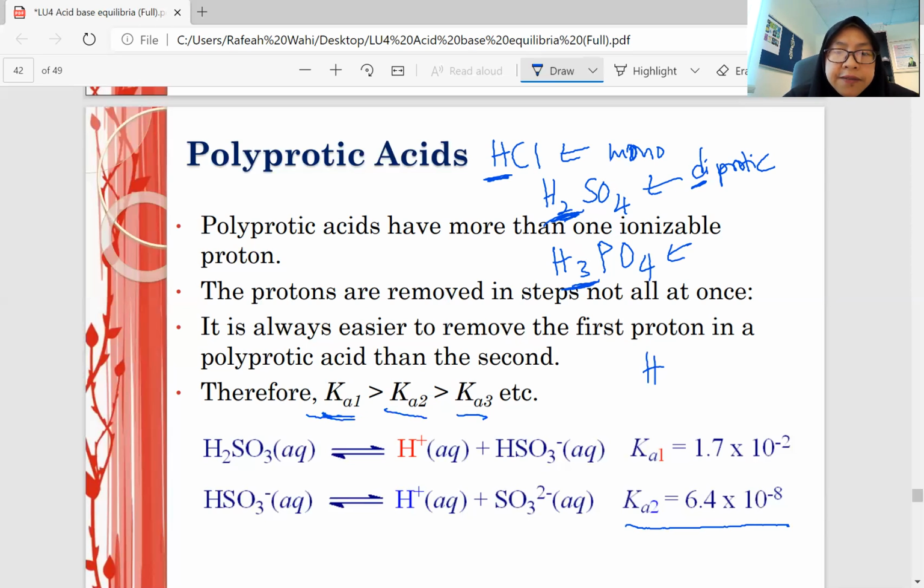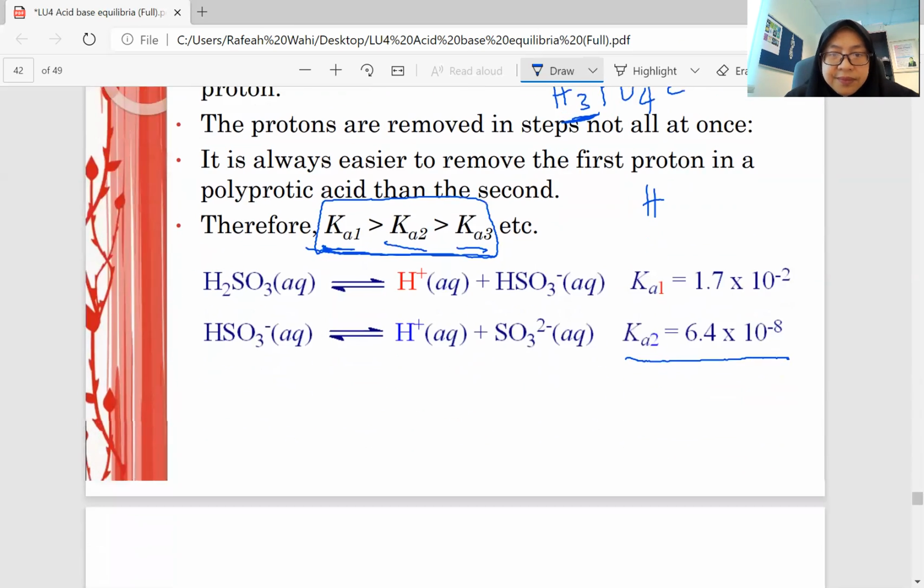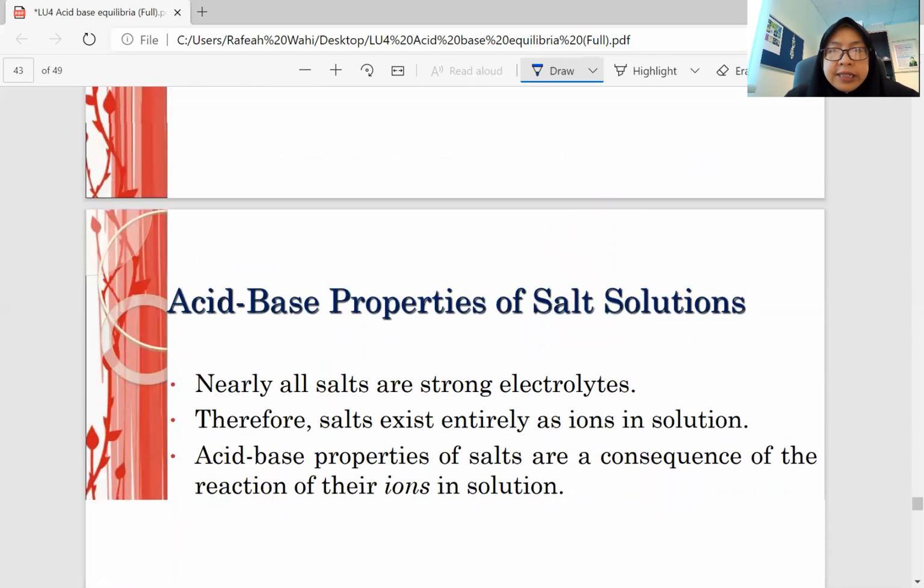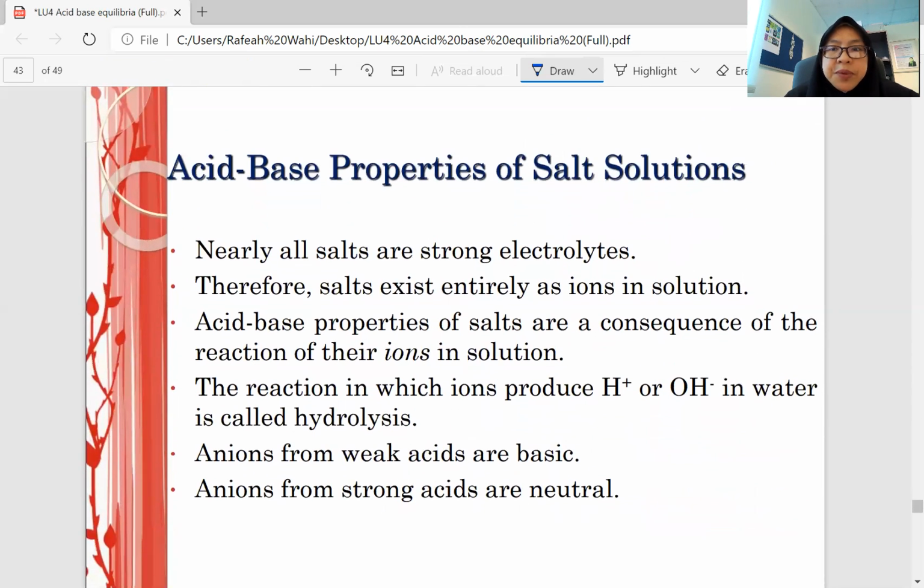So we have this sequence in the release of protons from a polyprotic acid. Remember, the proton with higher Ka will be released first, followed by the lower Ka, and so on. Alright, that's about it on polyprotic acid.